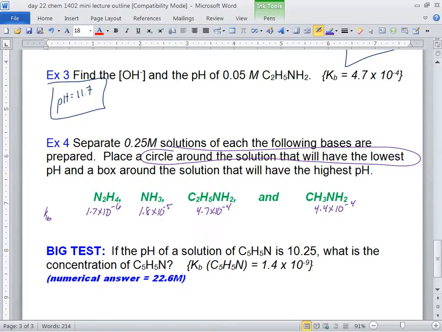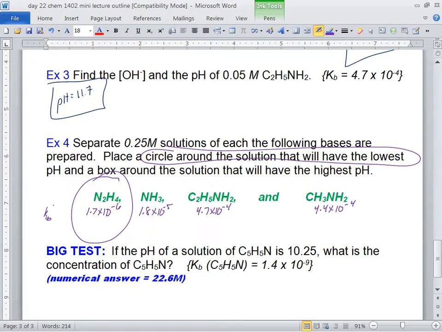If you look at all those, Megan, which one is the smallest Kb? N2H4 is 10 to the negative 6. So this looks like it's the weakest base, right? Everybody agree? This should be the weakest base. So it'll give the lowest pH, the most acidic pH. Good. So I would circle that one.